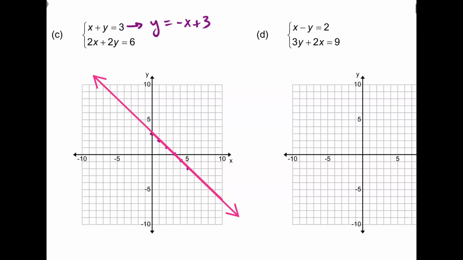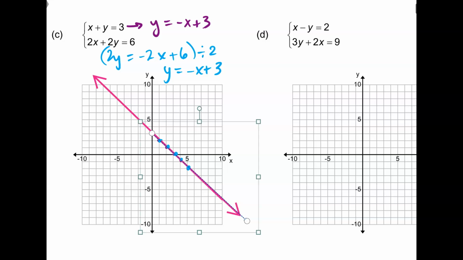Infinitely many solutions. It's exactly what happens with C. It is the same line, so it's going to be infinitely many solutions. It's kind of hard to see. Let me make it a little bigger.